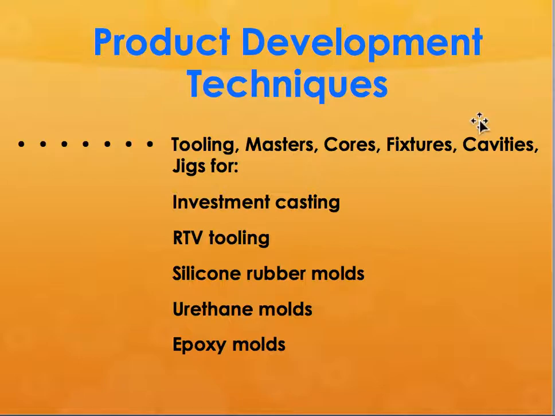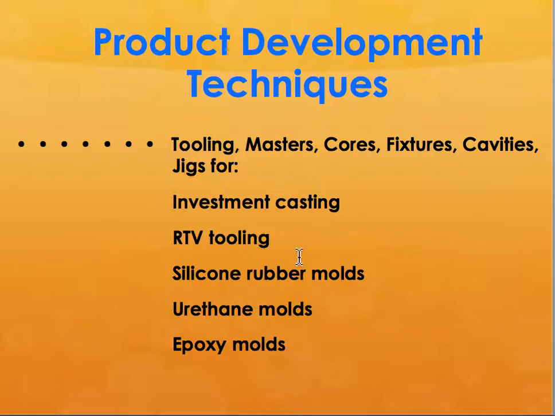So in order to do that, you have to create the tooling, you have to create the masters, you have to create the cores, fixtures, cavities, jigs, etc. So if you have a jig for investment casting, you can use rapid prototyping to create the first 100 prototypes.